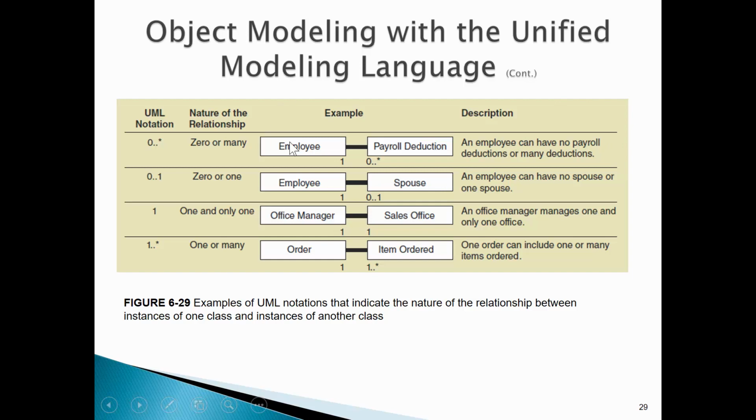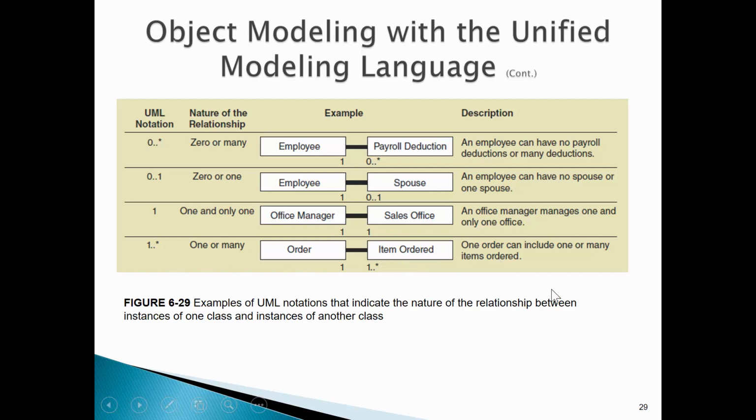Okay, so here's the UML notation for this. Okay, and so 0 to many. Okay, or 1 to many, for example. So 1 to 1, 1 to only 1. You can see that, 1 to many.